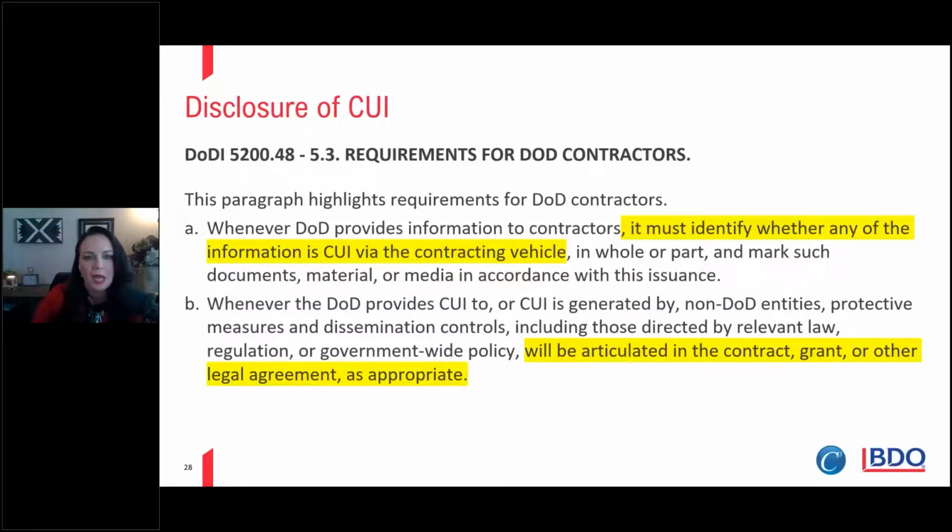As you dig through it, down in the bottom, 5.3, requirements for DOD contractors. It says whenever the DOD provides information to contractors, and this is of course our technical data, our CUI data, our FCI data, the DOD must identify whether any of the information is CUI via the contracting vehicle.